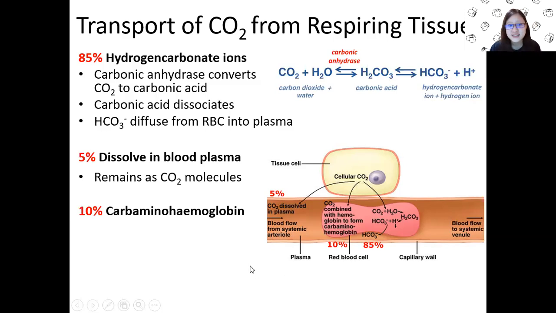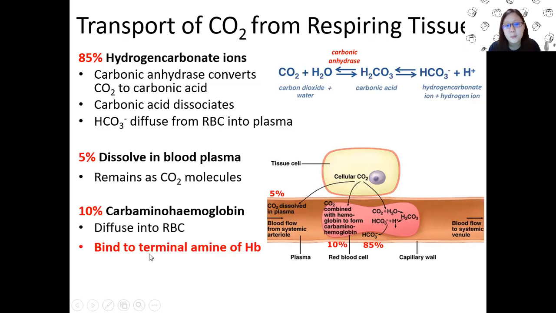And this is crazy, but the remaining 10% of the time is the CO2 combining directly to the hemoglobin. 10% of the time, carbon dioxide binds to the terminal amine of Hb, the amine group of the protein, and this forms carba-amino hemoglobin.